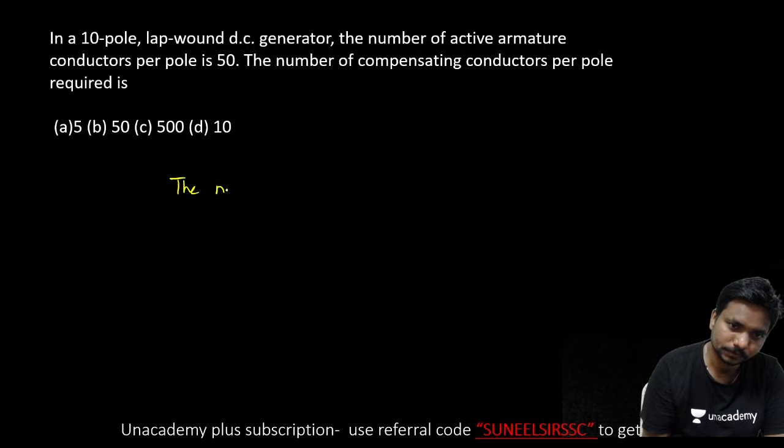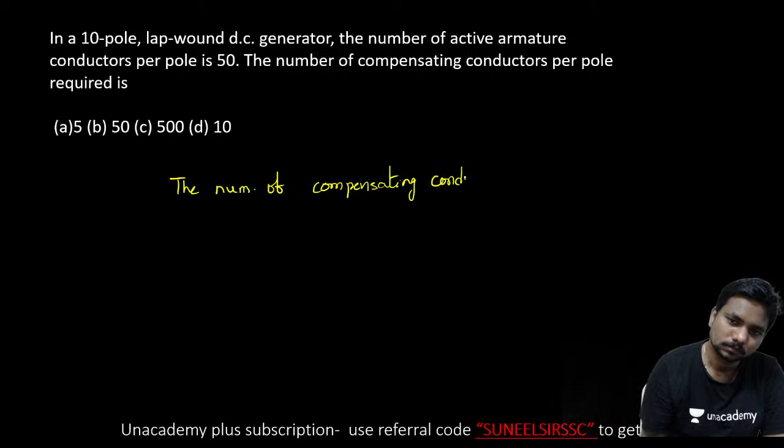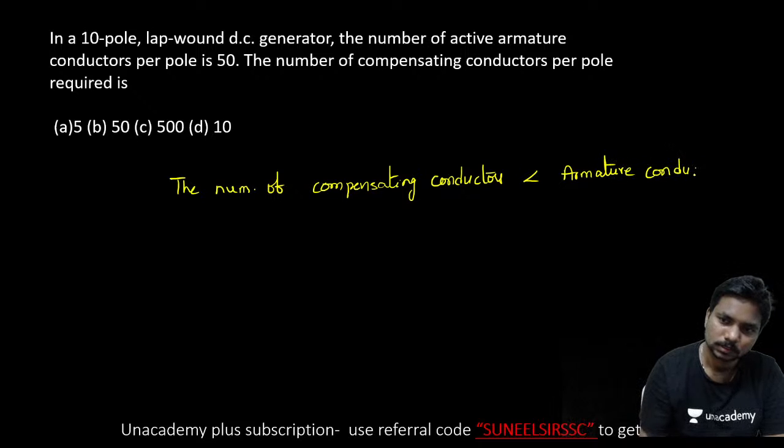The number of compensating conductors is always less than that of armature conductors.